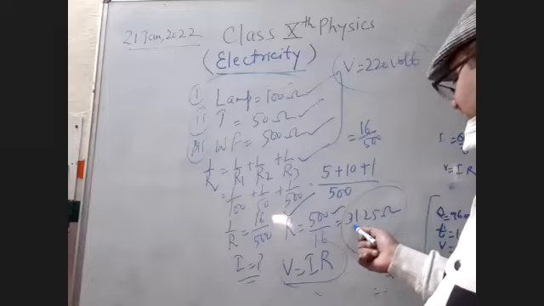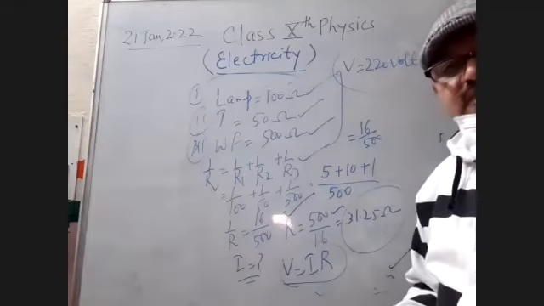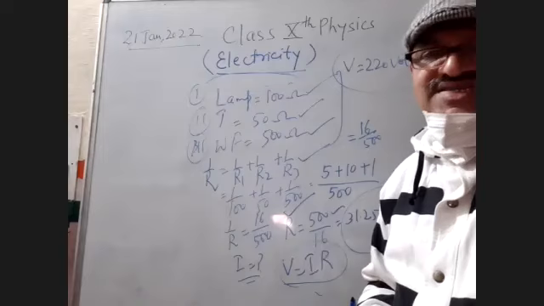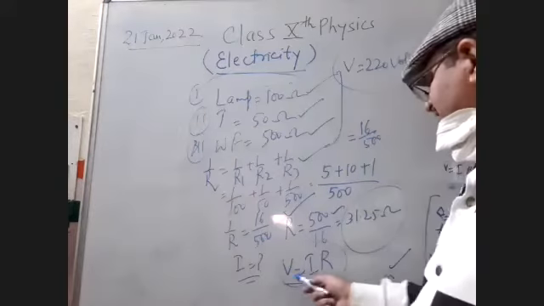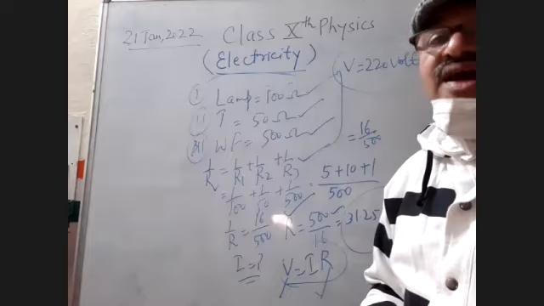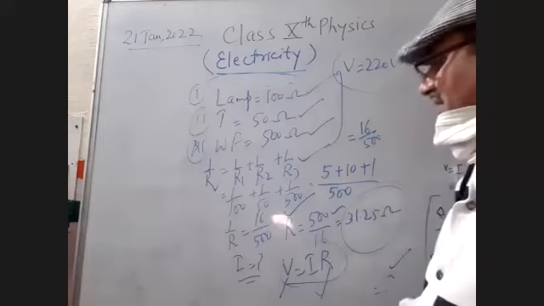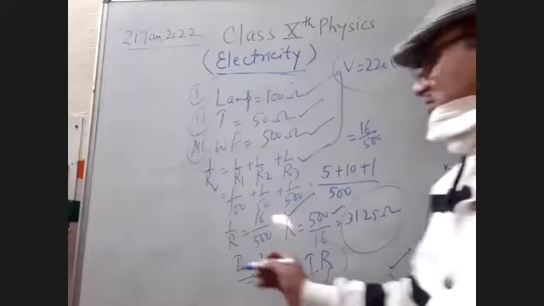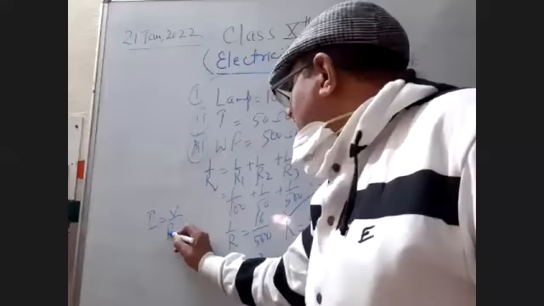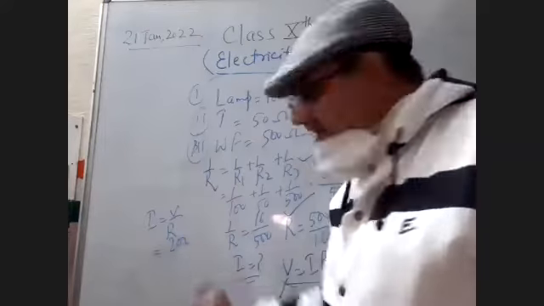We have calculated 31.25. Now we want to calculate the value of current. If I put the value of V and R in this formula, I can calculate the value of I. The value of I will be V divided by R. The value of V is 220.